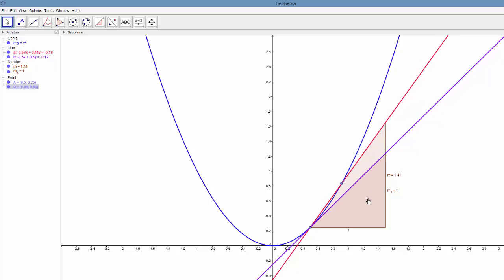We'll just continue to move it closer, and we can see that the slope of our secant line is becoming a closer and closer approximation to the slope of our tangent line.